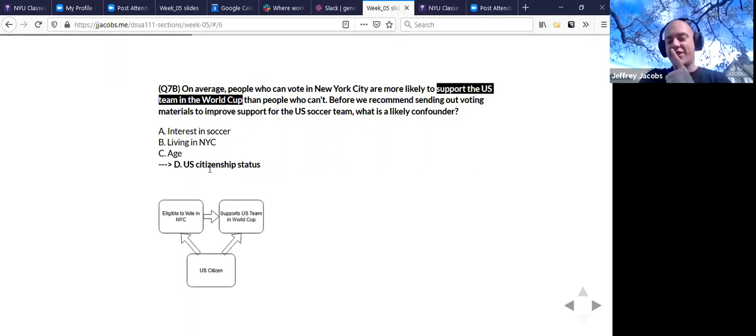So there's a very straightforward arrow on how being a US citizen has a causal impact on the dependent variable as well. So the answer there, again, is tricky because you can come up with stories for almost all of these. In fact, we did in office hours come up with stories for all of these, but the one that was the most parsimonious, requiring the least amount of argumentative leaps, was US citizenship status.